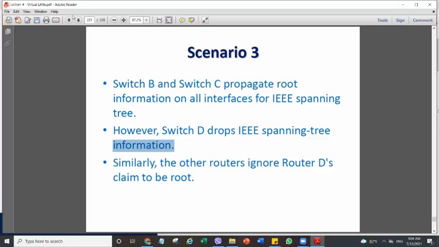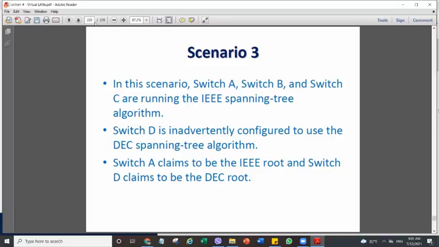Switch D generates some BPDUs, and those are rejected by the other switches. That is obvious because those are two different protocols. One is IEEE, the other one is DEC.